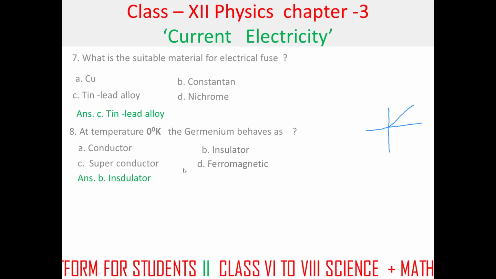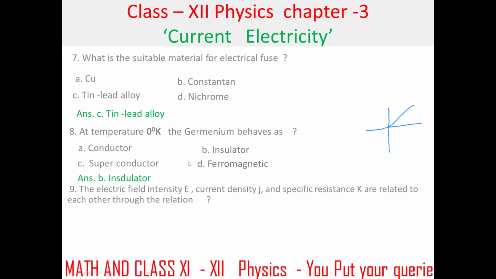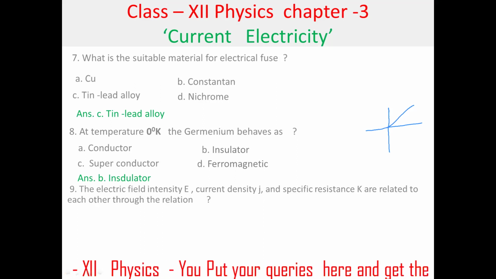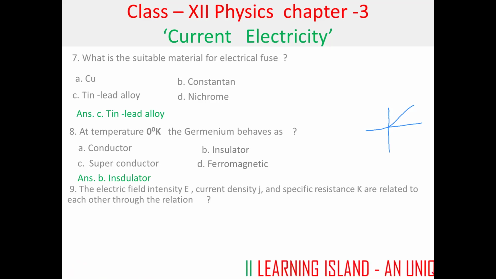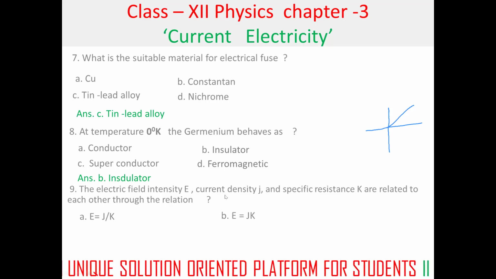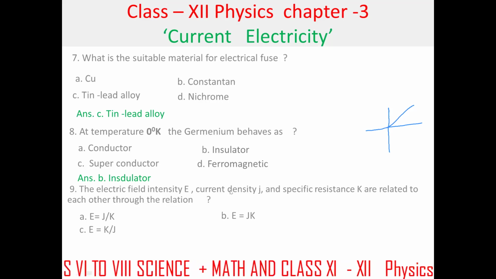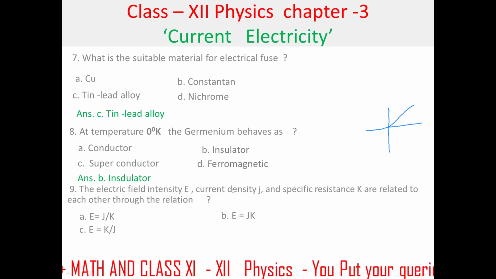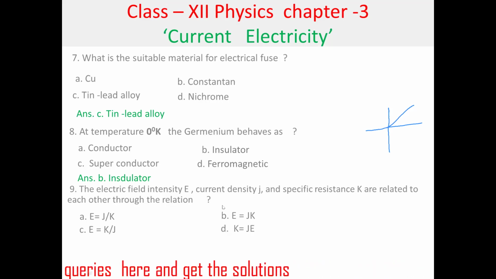Now, question number 9. The electric field intensity E, current density J, and specific resistance K are related to each other through the relation: E equal to J by K, E equal to JK, E equal to K by J, K equal to JE.